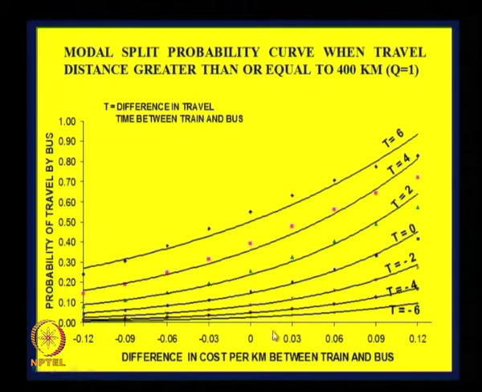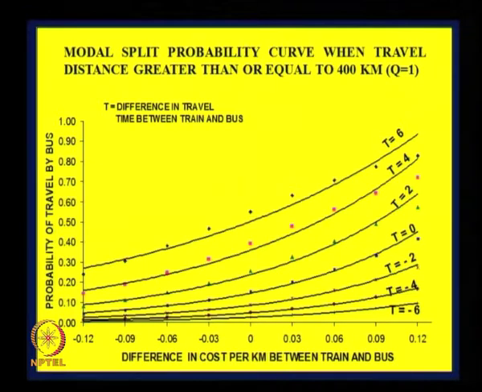When the time difference is 0, as we saw earlier, the share by bus will be around 20%, and when the railways increases the cost of travel in such a way that CT minus CB becomes 0.06, then you will find that there is an increase in the share of bus to an extent of 5%. So, railways will be losing some traffic to bus service.